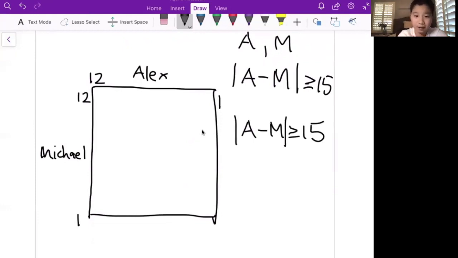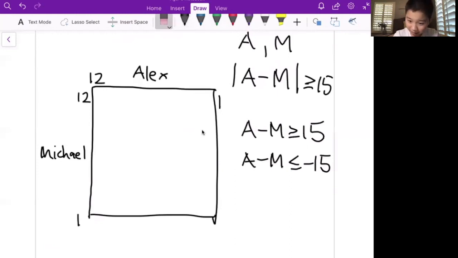So absolute value basically divides this into two cases. If A minus M is positive, it has to be greater than 15. If A minus M is negative, then it has to be less than negative 15. So let's graph each of those, except now let's make them equalities first. And remember, this is greater than or equal, less than or equal.